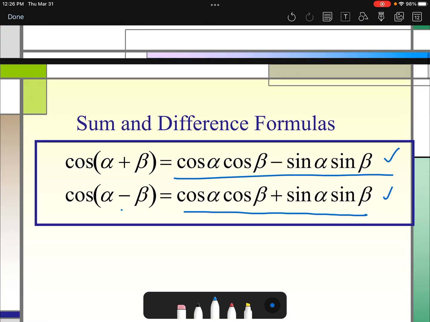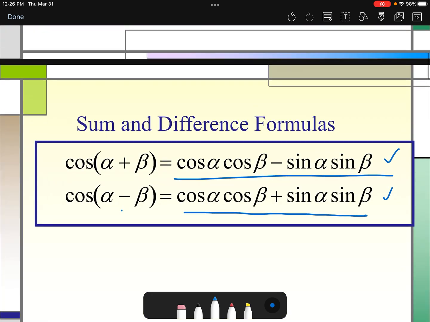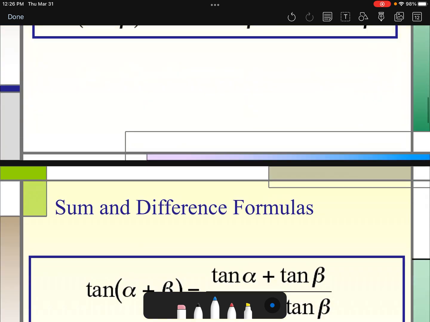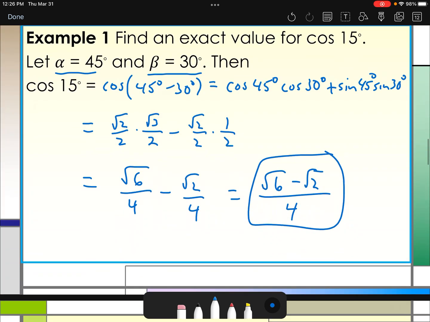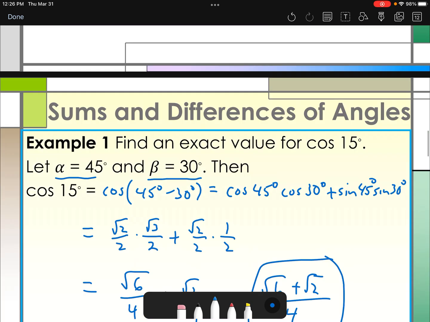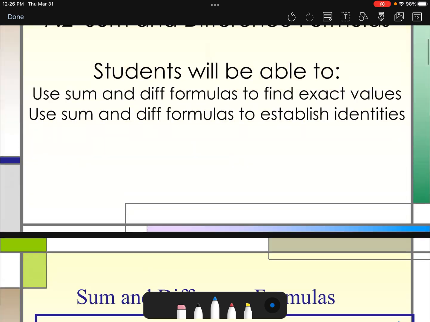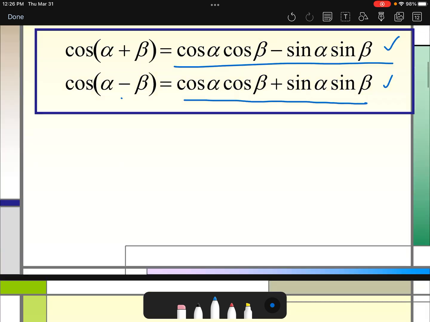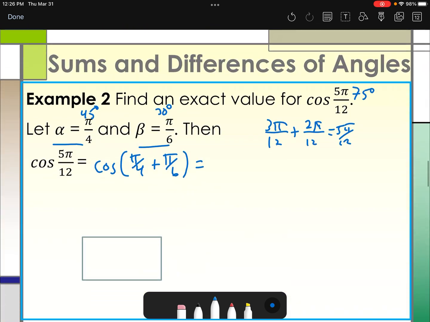Uh-oh, I did mess it up. Yes, I apologize. I had the wrong formula going back and forth here. Minus is a plus, right.